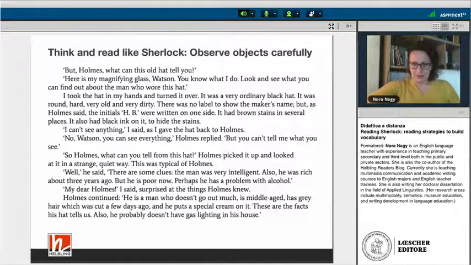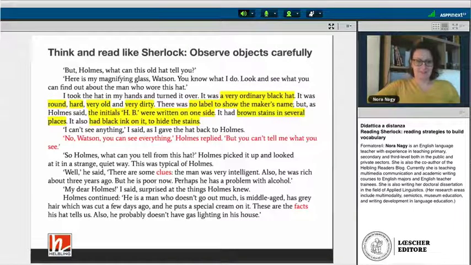There's no label, there are brown stains, HB initials, there's black ink on it. All right, nice. It's oily. Nice.